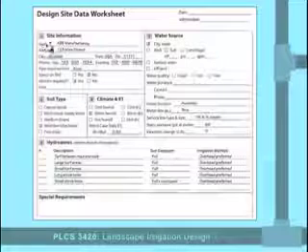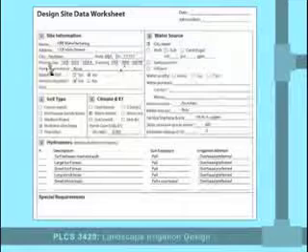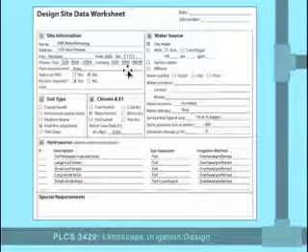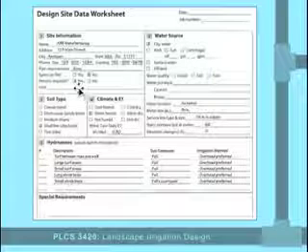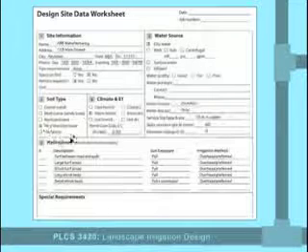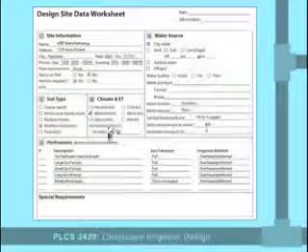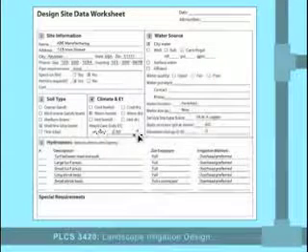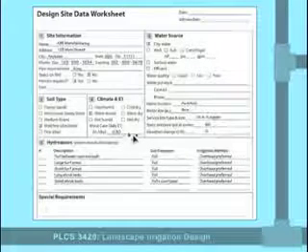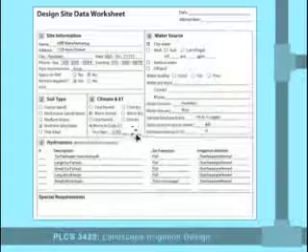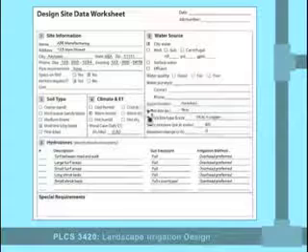So you've got the name, the address, all of those particulars, contact information, also whether or not permits are required, and soil type. Presumably you will have gone out and determined what the soil type is. You'll know what the climate type is based on where it's located, and then you can use some of the information we had in the plant water relations lecture to determine worst case daily evapotranspiration. Here's where the water source information is collected.